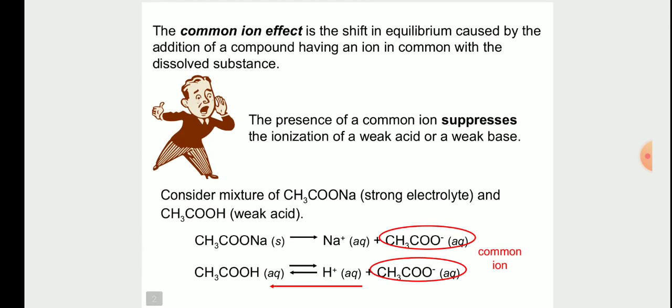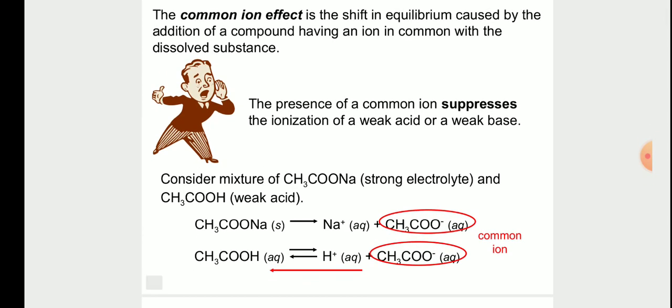So what do we mean by common ion? If in your solution there is more than one material, and the cation or anion produced in the solution is common, then the dissociation of the weak material is disturbed.